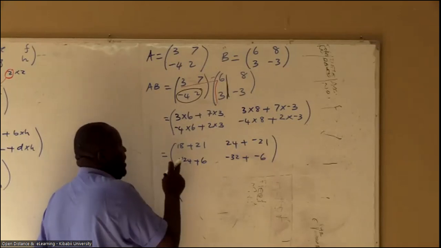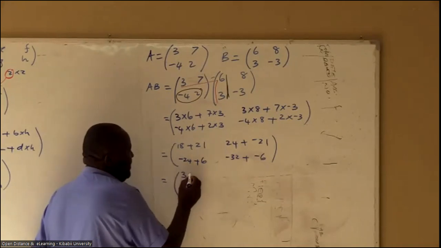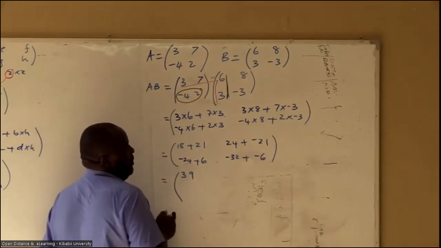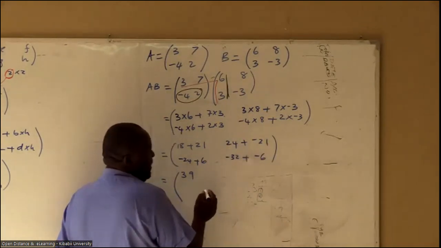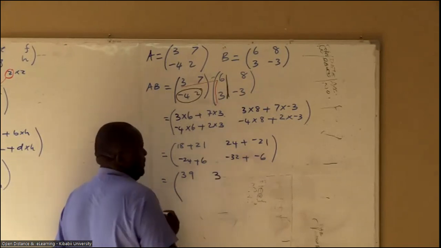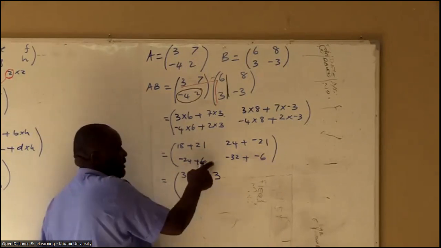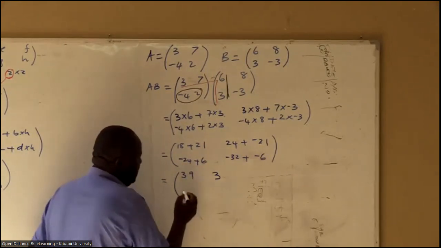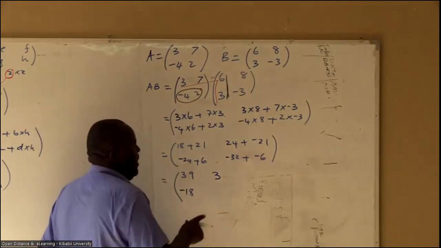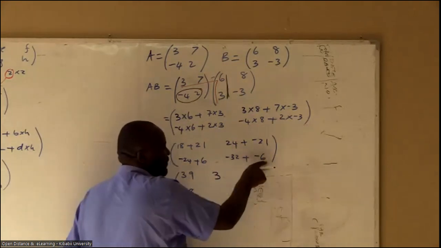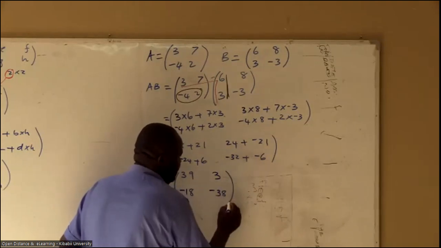Evaluating this, we have 18 plus 21, that gives us 39. 24 plus negative 21 gives us 3. Negative 24 plus 6 gives us negative 18. Negative 32 plus negative 6 gives us negative 38.